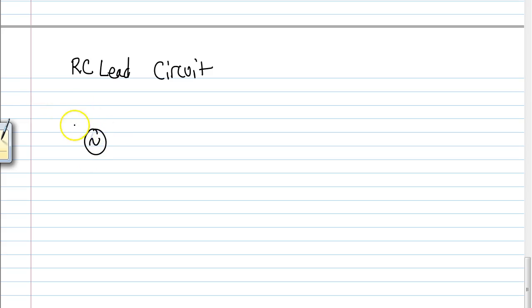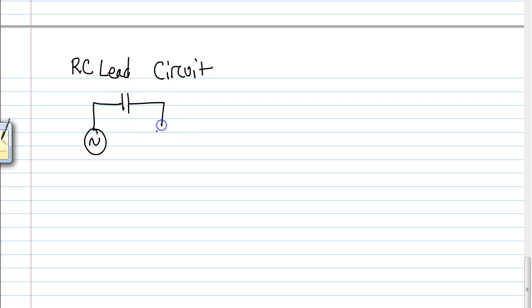Alright. So I kind of already gave you a hint, but if you want to create an RC lead circuit, it's very simple. You want to take the same circuit and find its output across the resistance. So here's an example of a circuit.